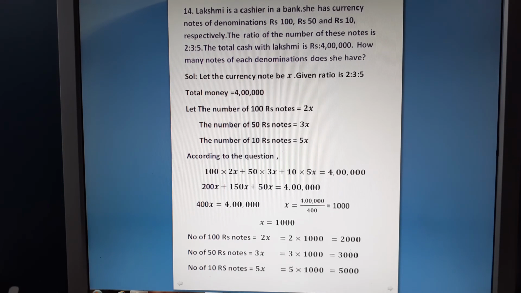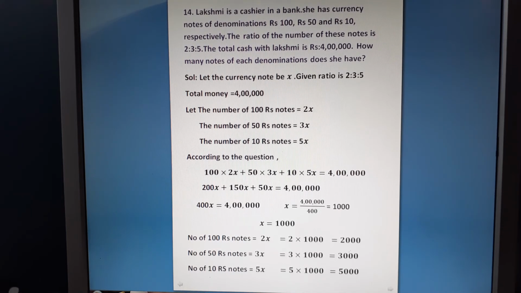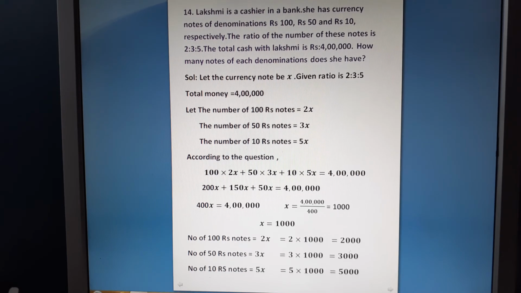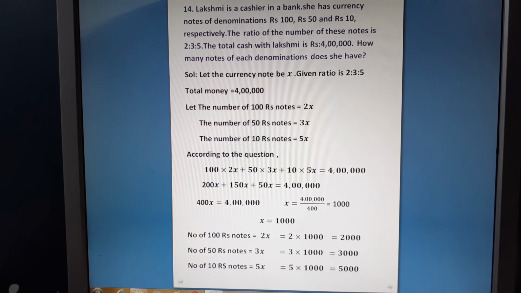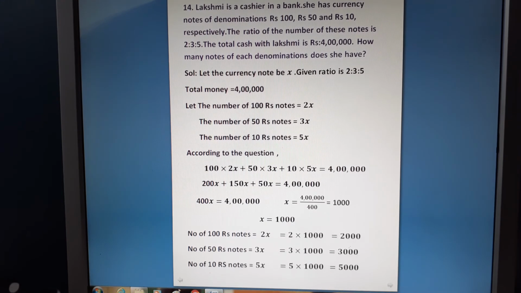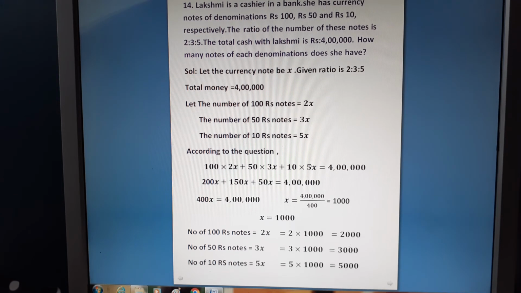Now x is equal to 4 lakhs divided by 400. That is equal to 1000. Now x is equal to 1000. Number of 100 rupees notes is equal to 2x. Substitute x value in 2x. We get 2000. Number of 50 rupees notes is equal to 3x.